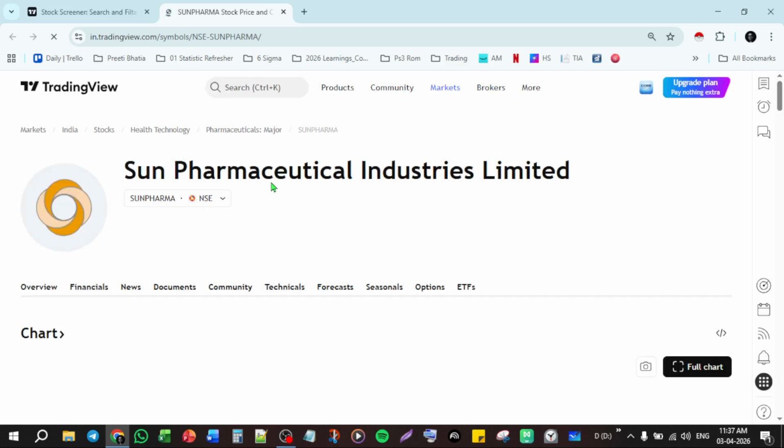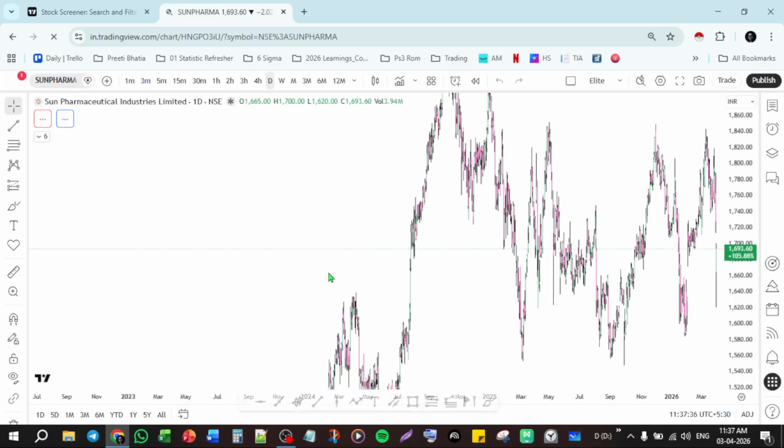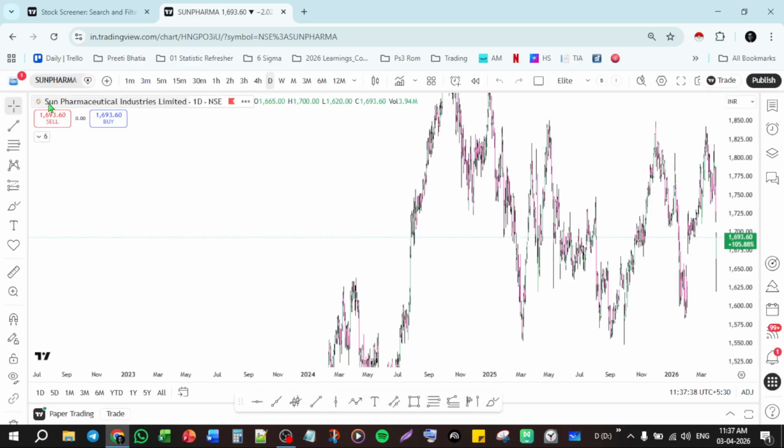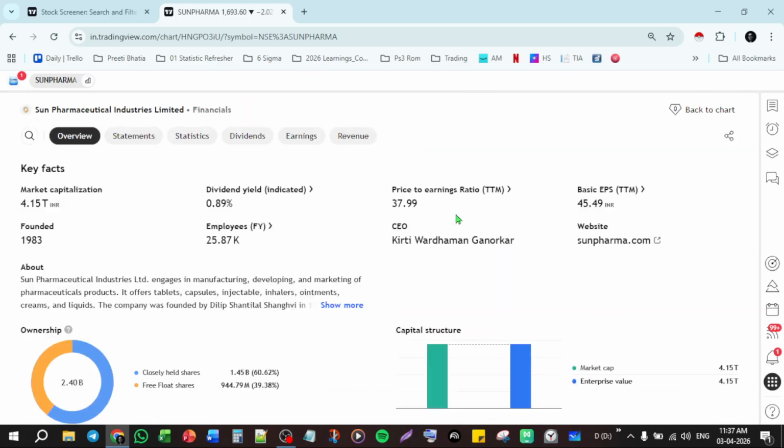Now, it's Sun Pharma. I will directly go to result. And over here, where the name is Sun Pharmaceutical Industry, I will click on it, go into metrics, and click on overview.